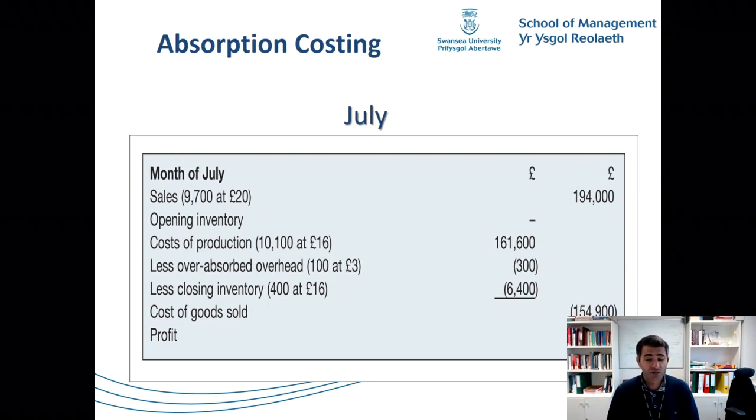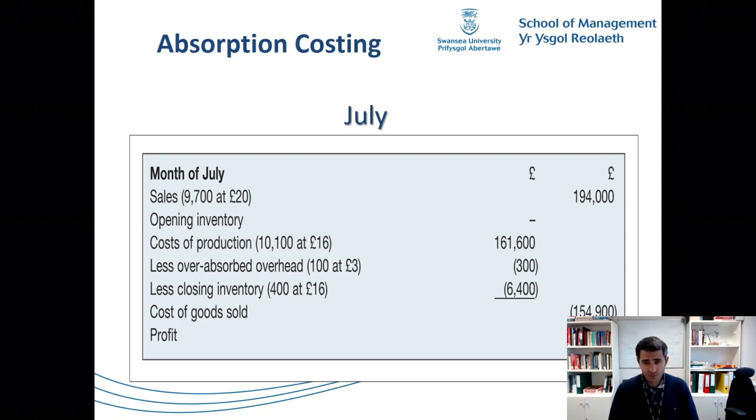The £3 fixed cost per unit, is it justifiable to add it on the cost? No, it's not justifiable. Why? Because if the company pays rent £1,000 a day, and they produce today 1,000 units and tomorrow they produced 1,500 units, do they need to pay extra rent on that?